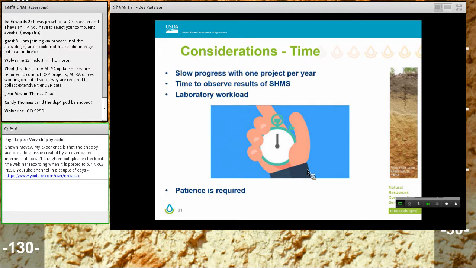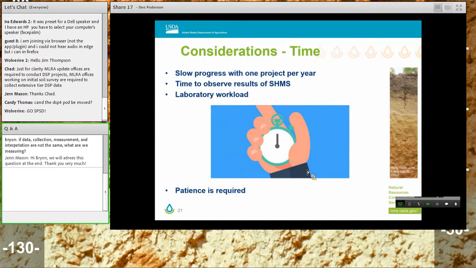It takes time to document changes on one field. To obtain statistically significant impacts of management across a large geographic area takes even longer. And again, we can provide quick in-field assessments to producers quickly. There are DSP project types that can help mitigate these shortcomings as well.